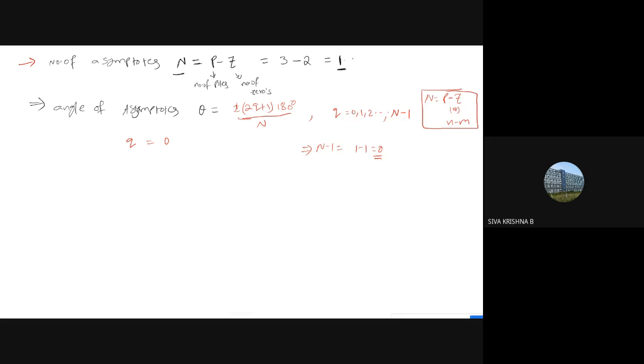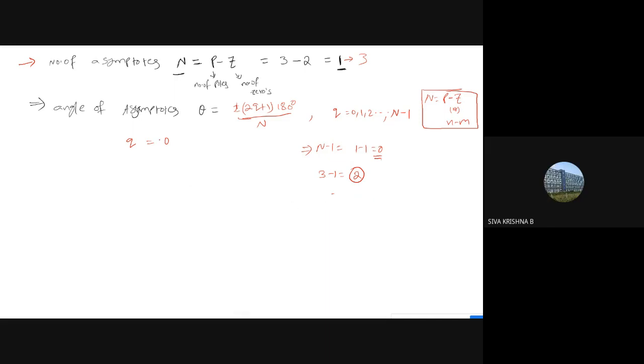Suppose n is 3, that means 3 minus 1 equals 2, so q varies from 0, 1, 2, up to the value 2. After subtracting, whatever value you get, that is the ending value of q, n minus 1. Q you have to increase up to the n minus 1 value. Okay now? Okay, sir.